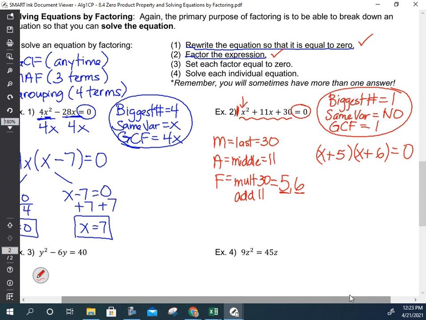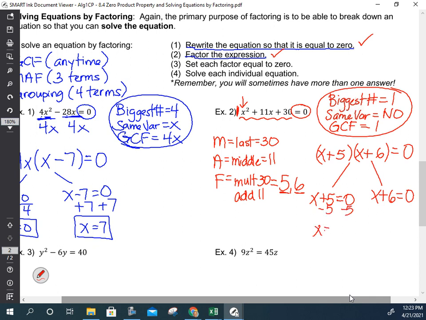So the equation is equal to 0. It's factored. Now we can break the problem apart. So x plus 5. What do we need to do to get x by itself? Subtract 5.